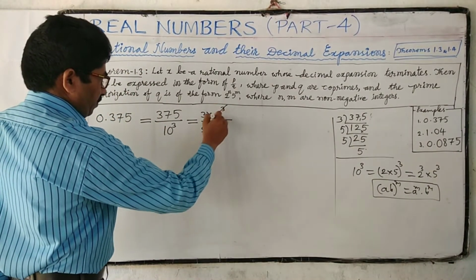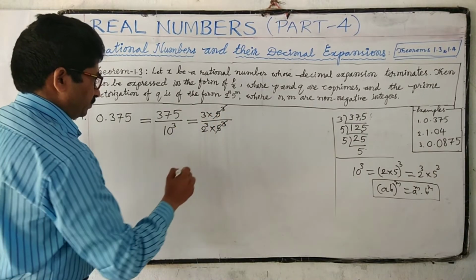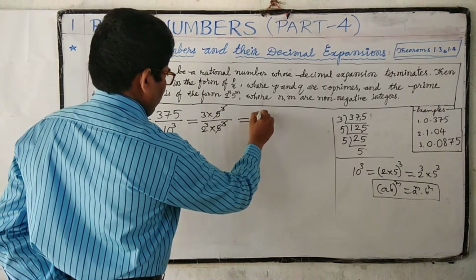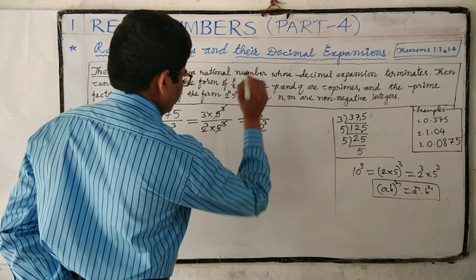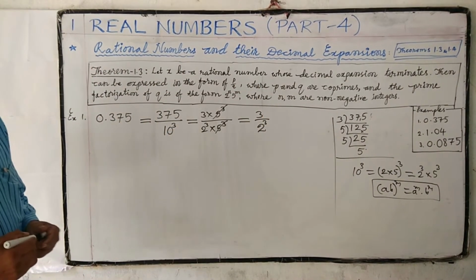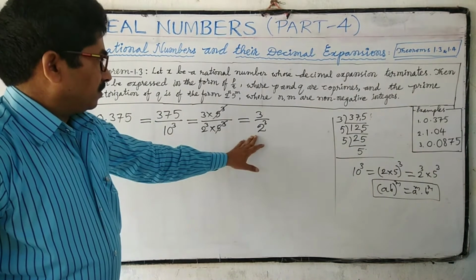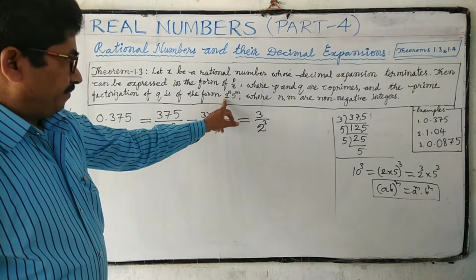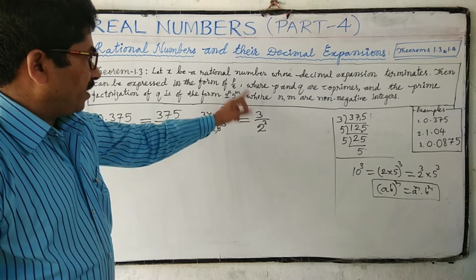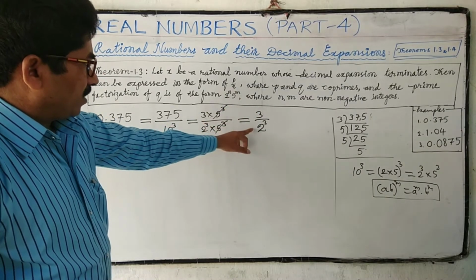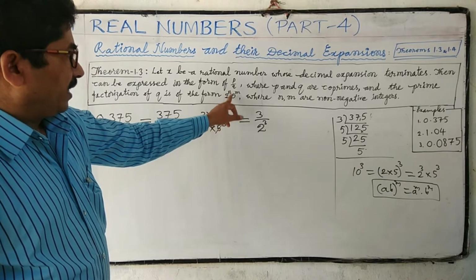Here 5 cube gets cancelled, so we get 3 by 2 cube. It is in the form p by q, and the denominator is of the form 2 power n.